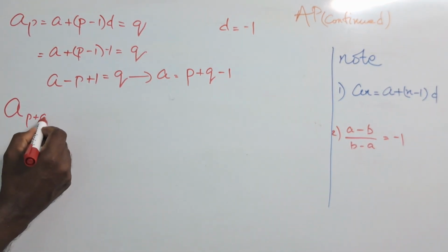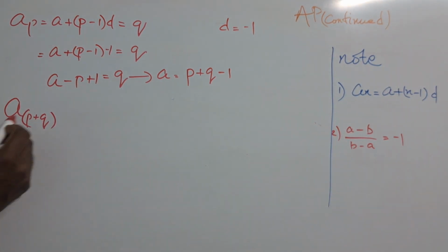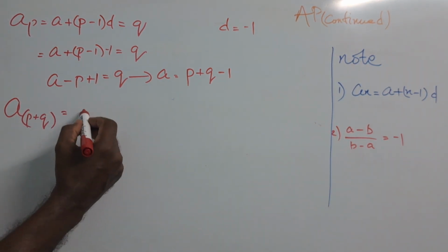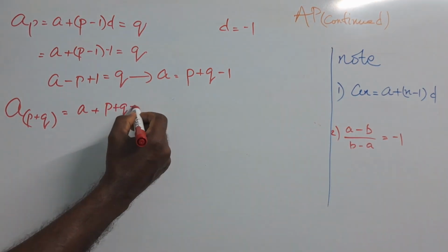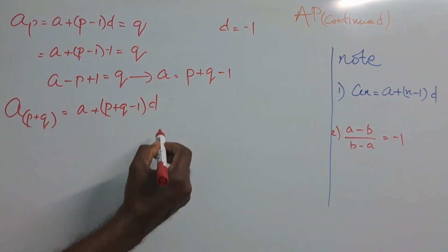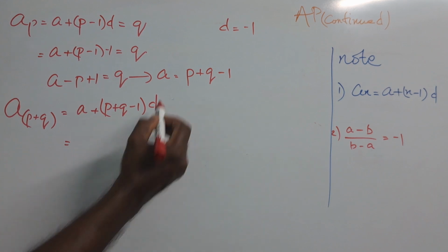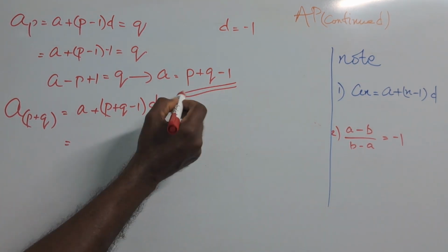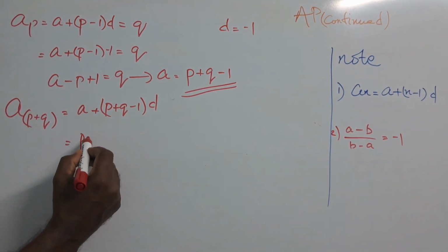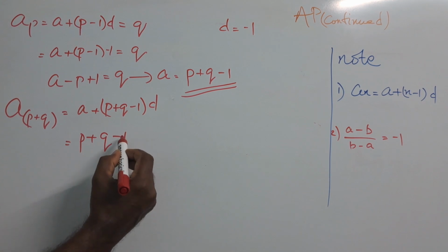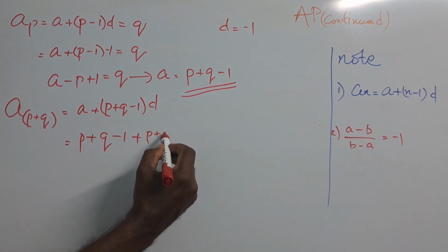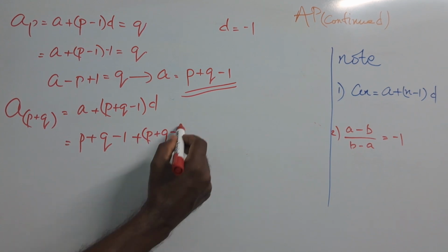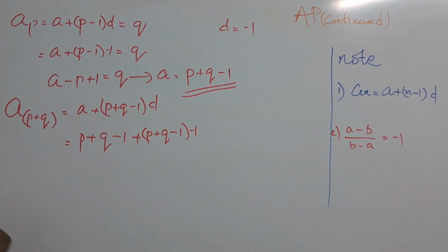Now we need to find the (P plus Q)th term. That means A(P plus Q) is equal to A plus (P plus Q minus 1) into D. We know what A is, so it is equal to P plus Q minus 1 plus (P plus Q minus 1) into minus 1, as D is minus 1.